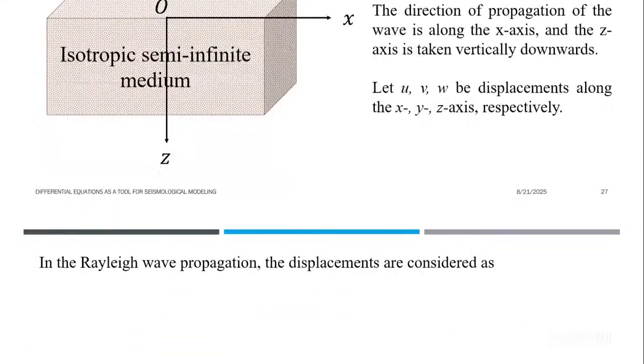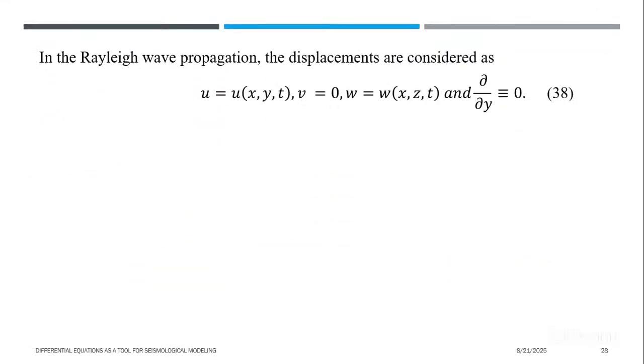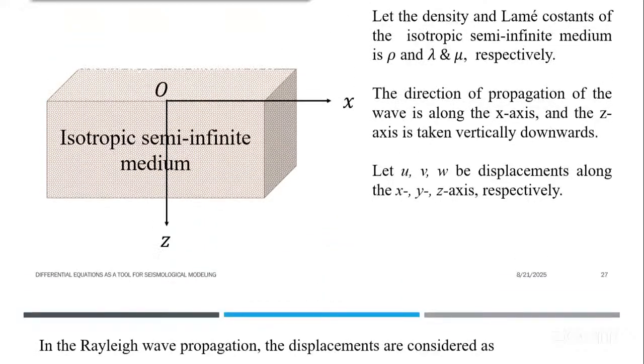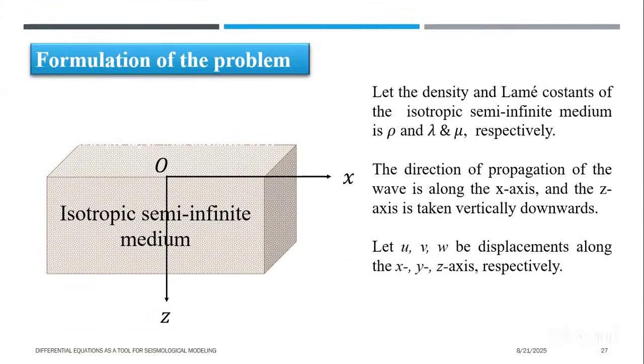It means the quantities do not depend on y. Physically, whatever phenomenon is occurring in this XZ plane is occurring in other planes parallel to it, and that is why we are able to convert this three-dimensional problem into a two-dimensional one.